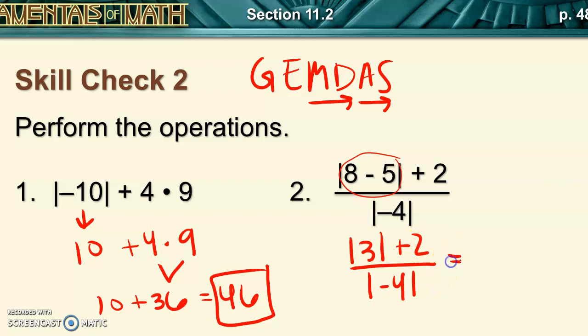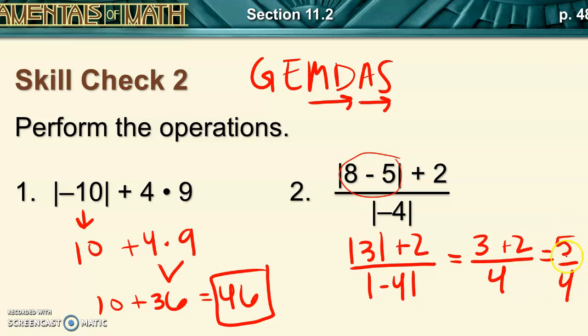Now, we can simplify further. The absolute value of 3 is 3 plus 2 over the absolute value of negative 4, which is just going to be positive 4 because the absolute value always makes it positive. We can simplify here. 3 plus 2 is 5 over 4.